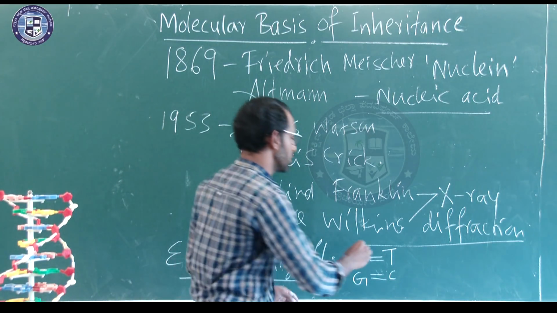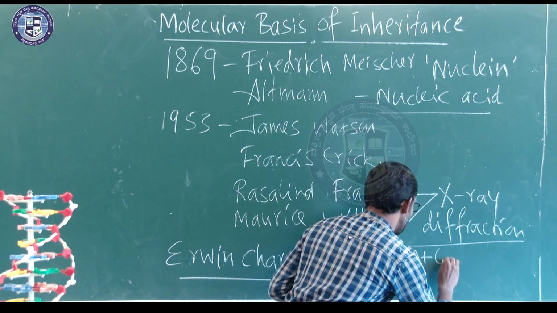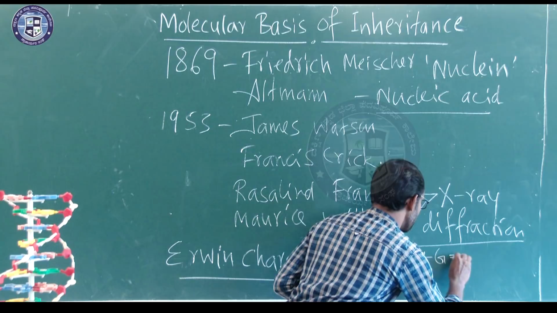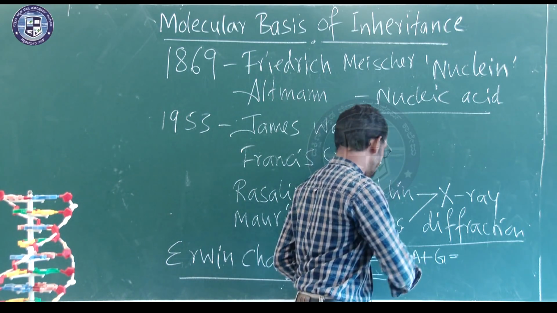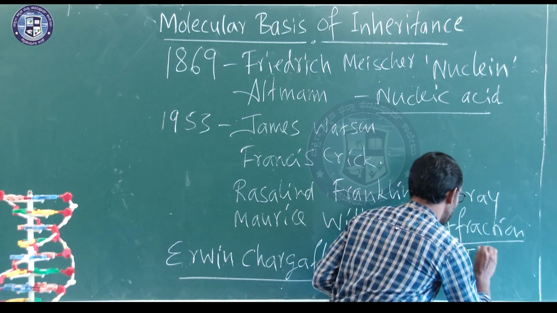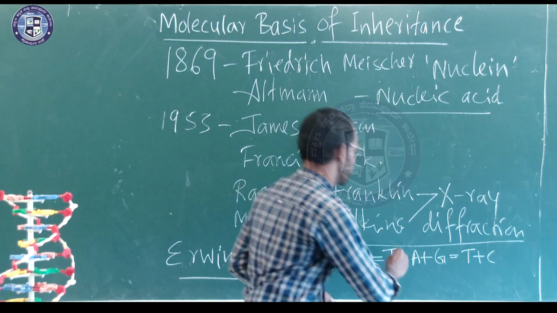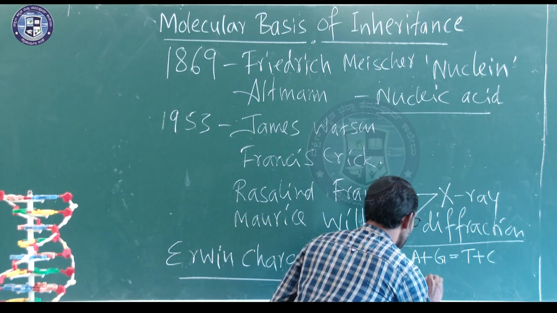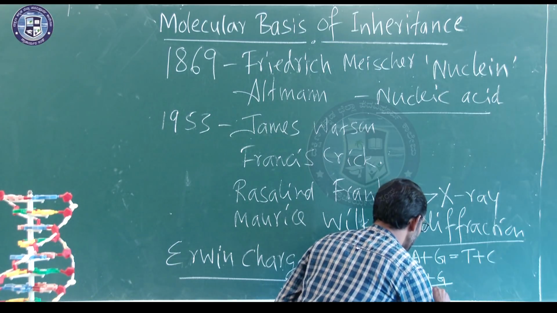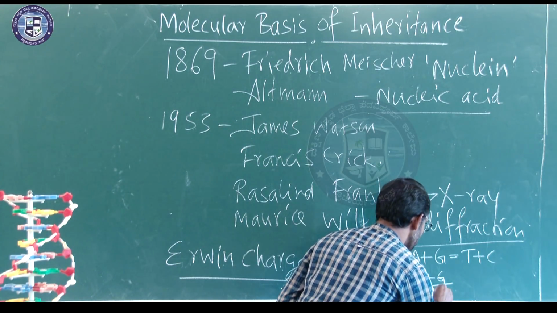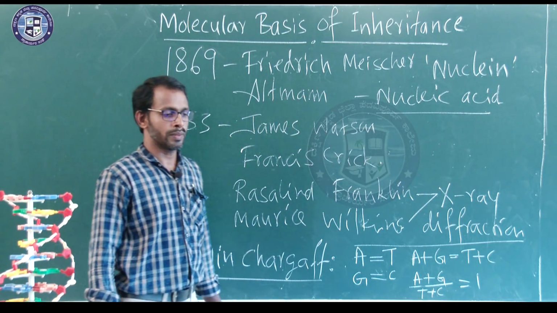That means the sum total of A plus G in a DNA molecule is always equal to T plus C, or A plus G by T plus C is equal to 1.